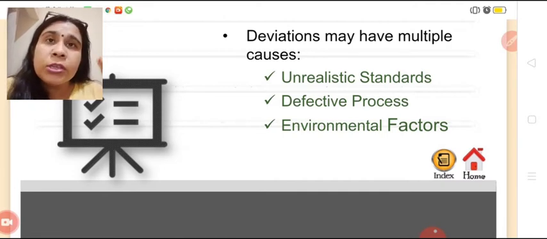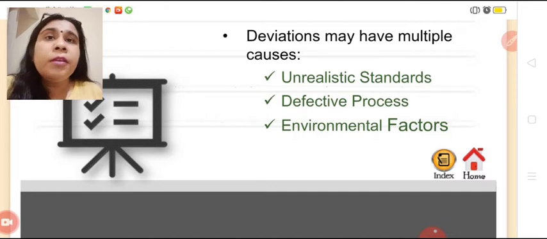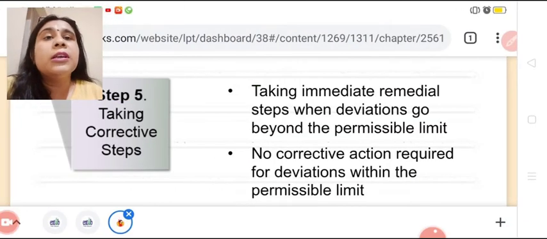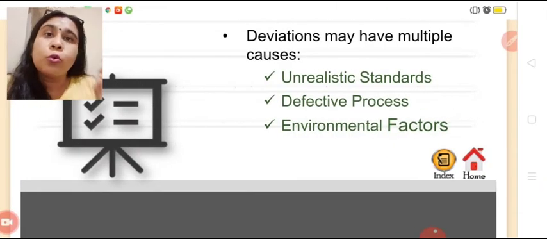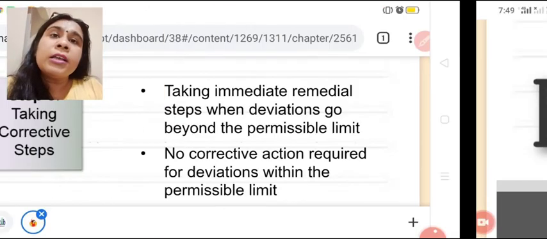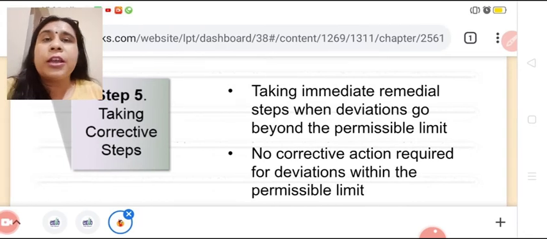Maybe our employees are dishonest, not working properly. Maybe we have not appointed the right person. Maybe we are not able to give them proper direction, they are not motivated properly. So deviations may be due to multiple reasons. But we need to find out the basic root cause, and then the last step is taking the corrective action.